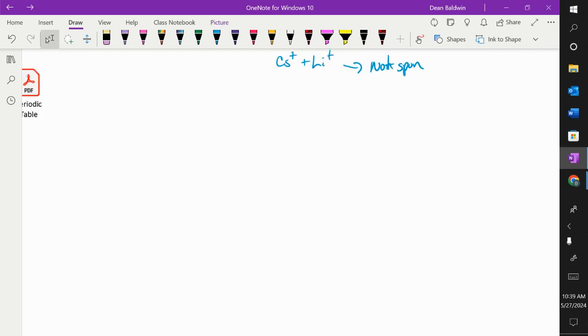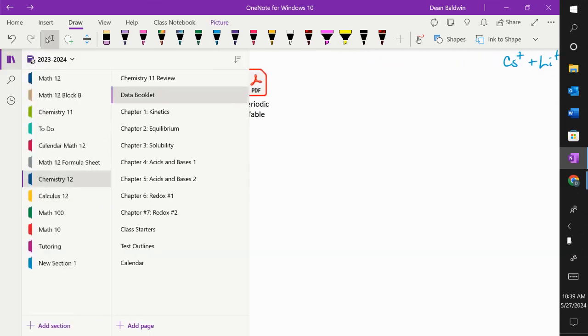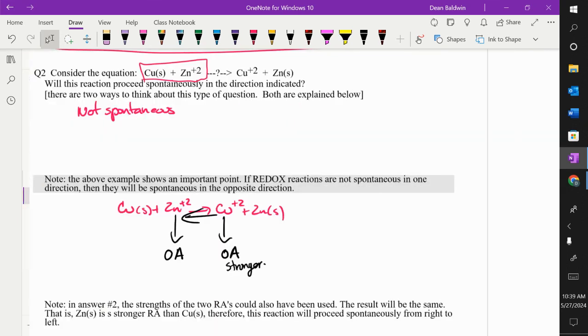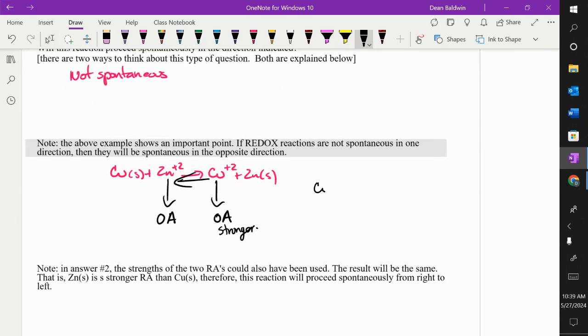Copper 2 is stronger than zinc 2. Therefore, the reverse reaction is spontaneous.